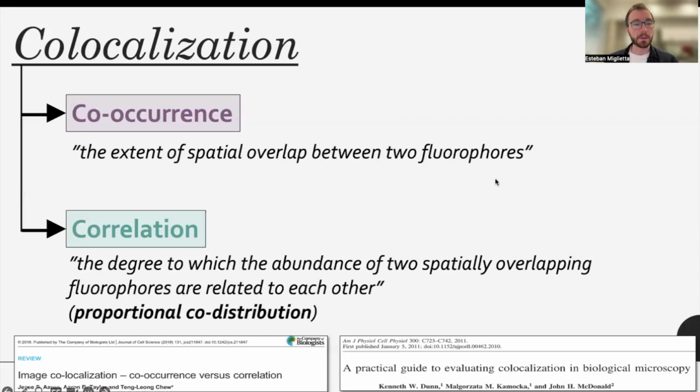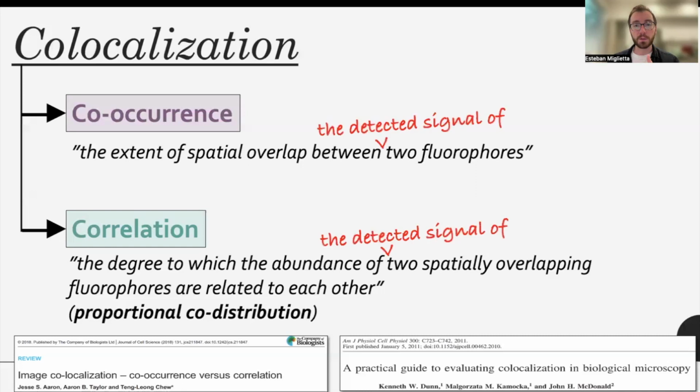So co-occurrence is defined as the extent of the spatial overlap between two fluorophores, whereas correlation is the degree to which the abundance of two spatially overlapping fluorophores are related to each other. This might not be very intuitive to understand at first, but we are going to go a bit deeper.